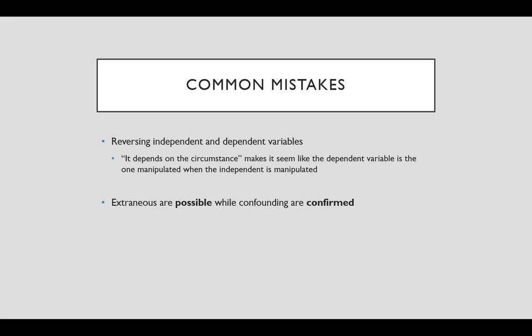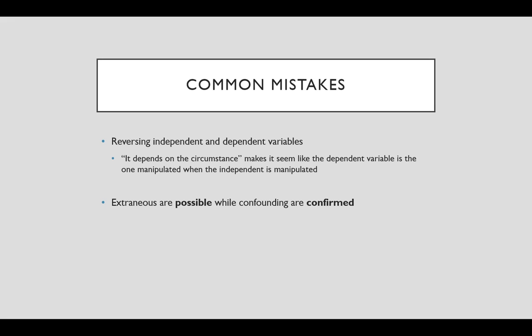Remember, the independent is what we change. The dependent we cannot touch. The dependent is the outcome of the change we made to the independent variable. We have no control over the dependent. We have control over the independent.